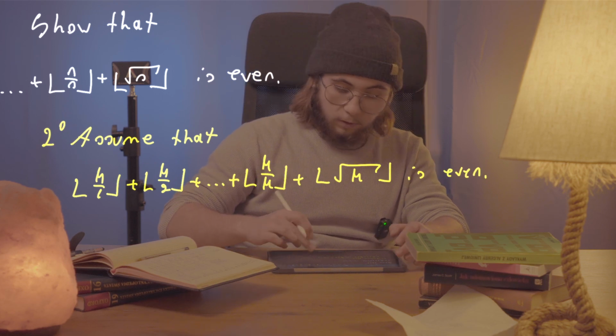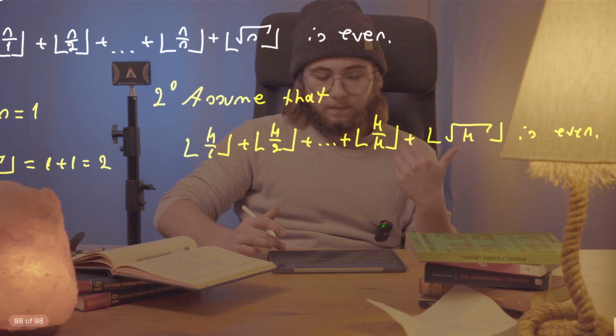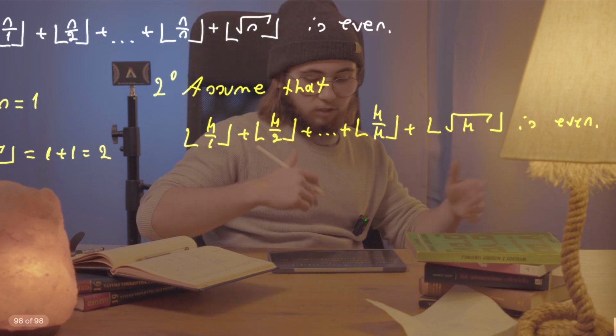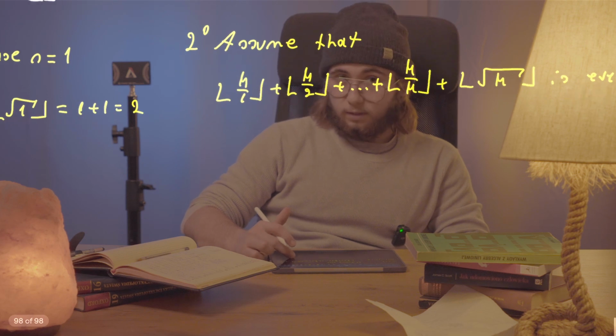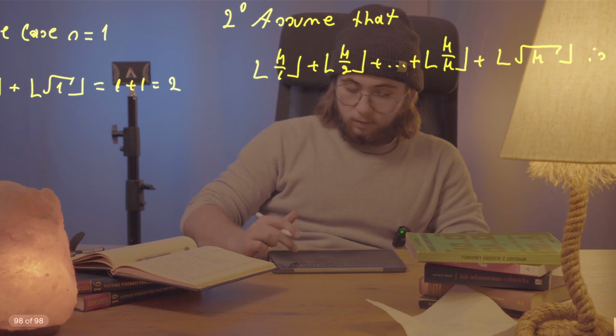And I would like to prove, using the assumption, that the statement, so this entire sum plus a square root, will also be even for k plus 1 being equal to n.